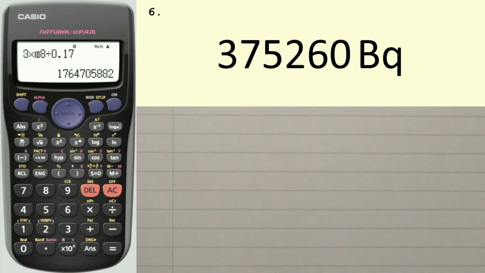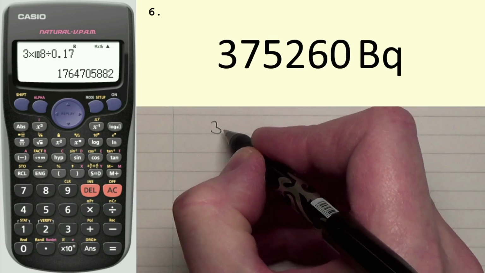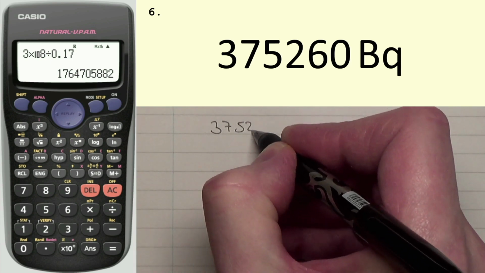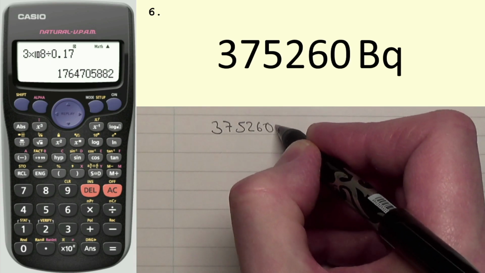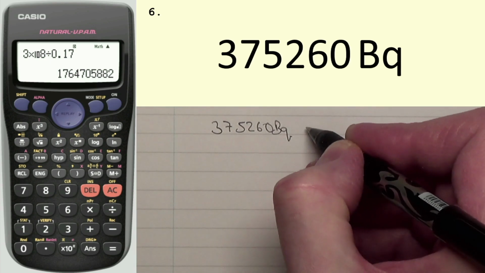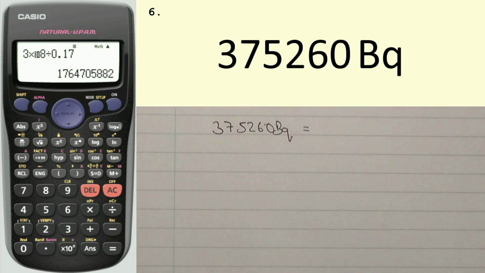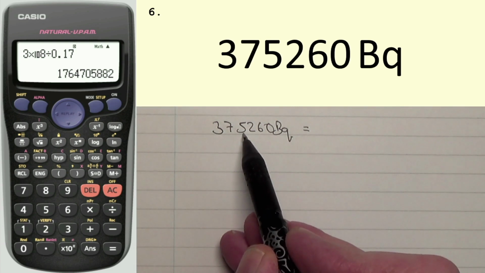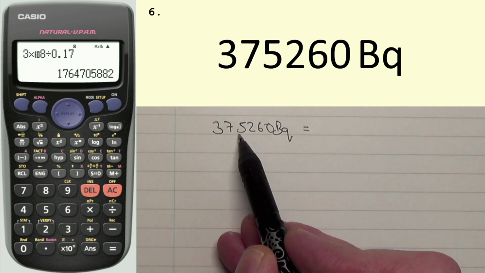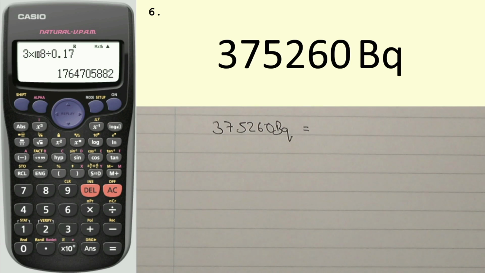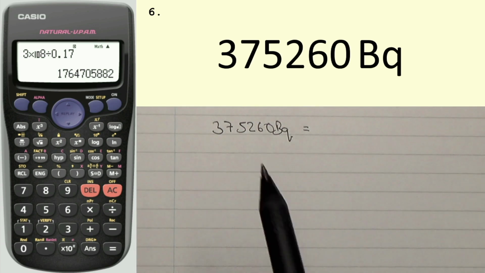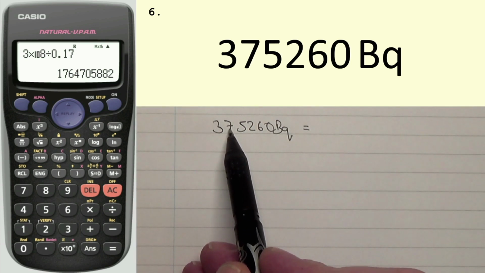Number 6. We now have an activity in becquerels, and it's 375,260 becquerels, which would be equal to, looking at this third figure, again if this is 5 or greater, then of course what we need to do is round up the second figure.